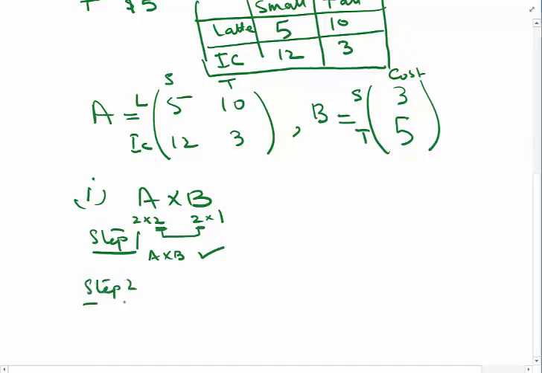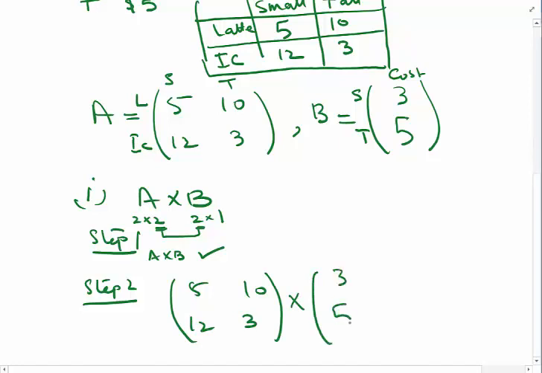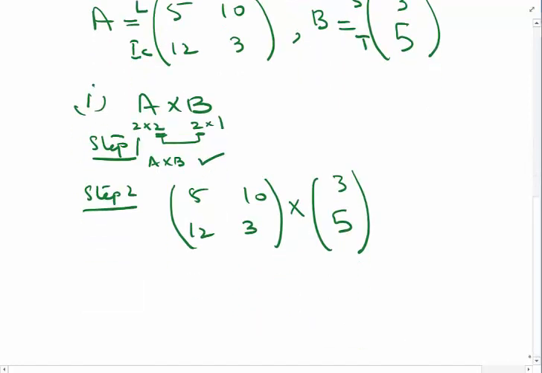In step 2, we need to execute the multiplication. The rule is that all the available rows of the first matrix interact with all available columns of the second matrix. Alright, so the first row interacts with the first column, and the rule of interaction is first multiplied with first, second multiplied with second, and we add them together. Since we are interacting the second row with the first column, the address should be 2 by 1.